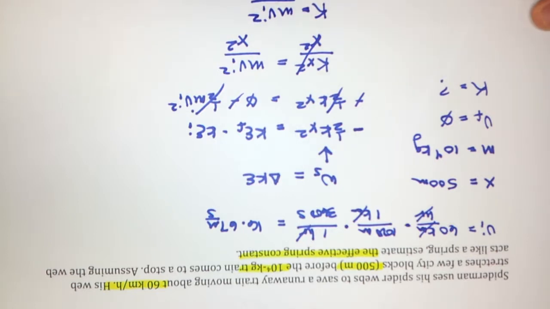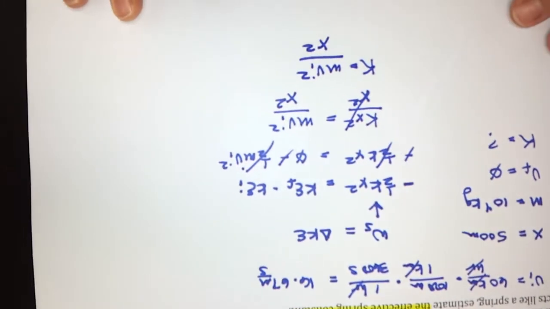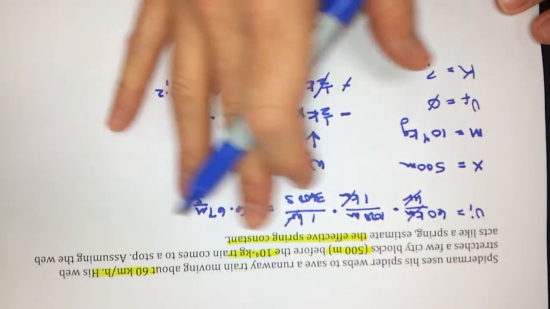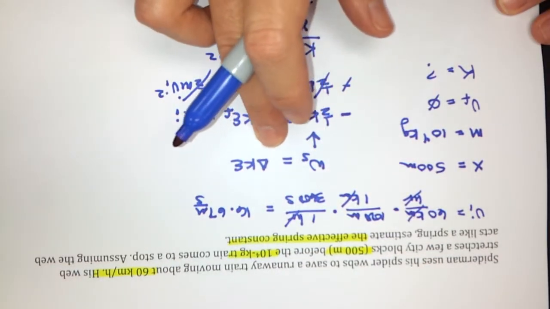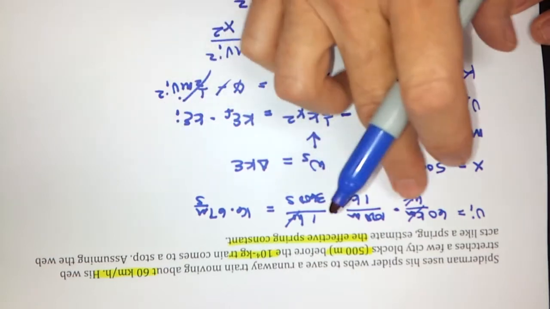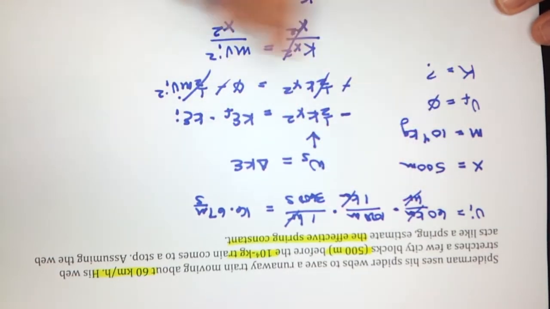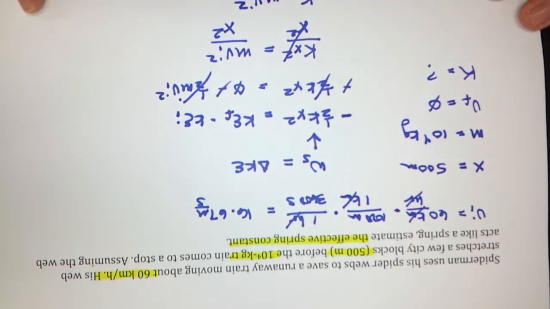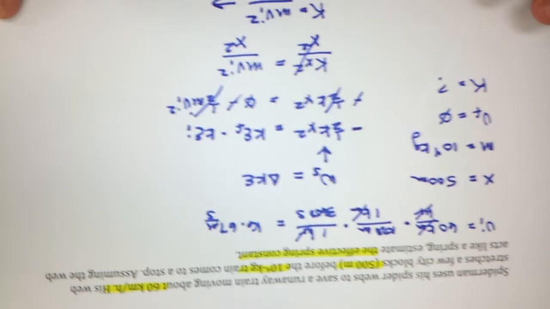Now this is extremely manageable at this point. All we're doing now is plugging in. Conceptually, you have to understand why you're using this particular equation. You can't force this information into another type of scenario or another type of equation.